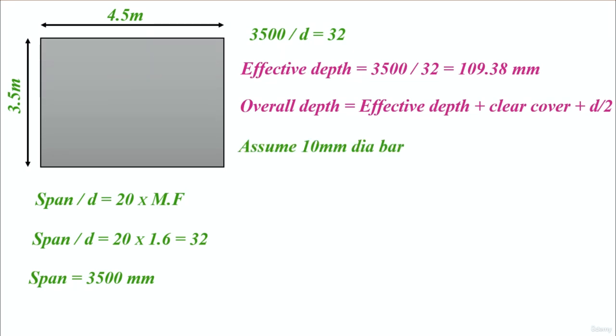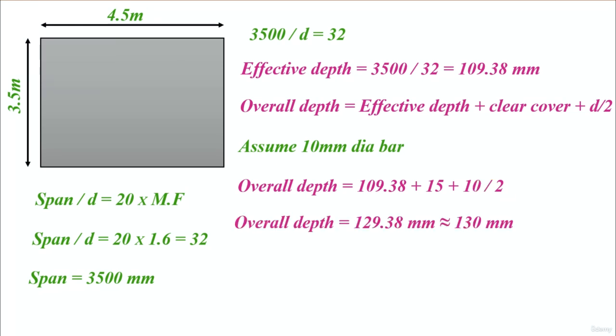Here let's assume a 10 mm dia bar. Overall depth is equal to effective depth plus clear cover for slab, 15 mm, plus 10 by 2, where 10 is the dia of the bar. So overall depth we get as 130 mm. From this we can recalculate the effective depth: effective depth is equal to overall depth minus clear cover minus dia by 2. We get 110 mm.